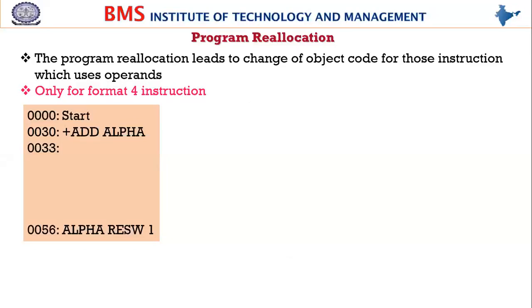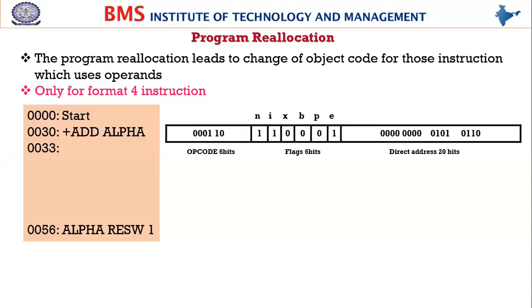It means the complete address of 20 bits will be specified for alpha. But alpha is at the location 0056, which is a relative location, not the absolute address, wherein alpha is declared as an integer variable.